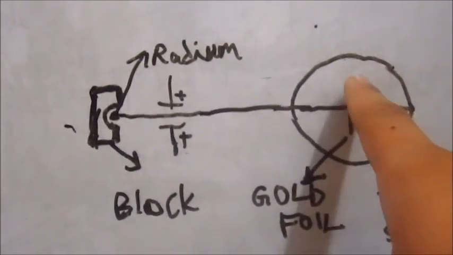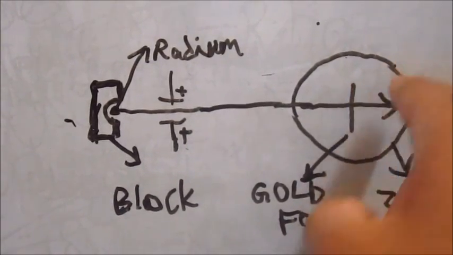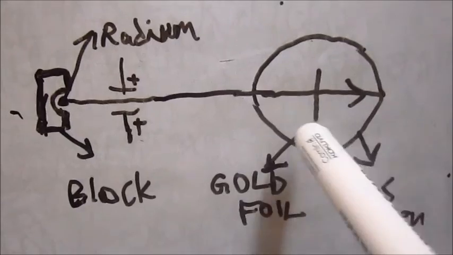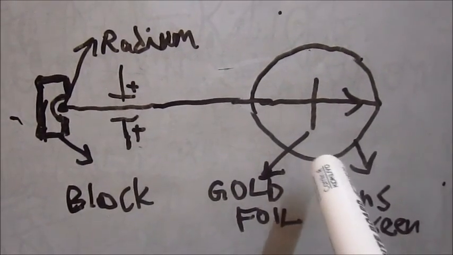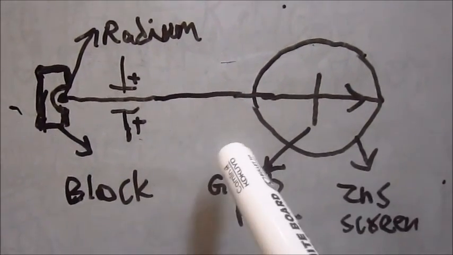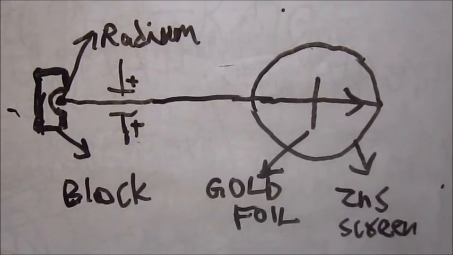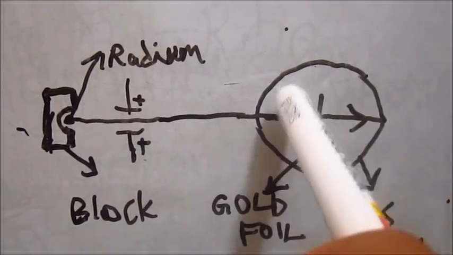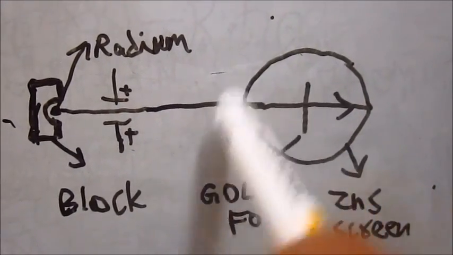This is a gold foil that is very thin. If a thin gold foil is exposed to fast-moving positively charged particles, then the particles would just pass through it, right? Now these particles could be detected by a zinc sulfide screen, which is circular in nature.